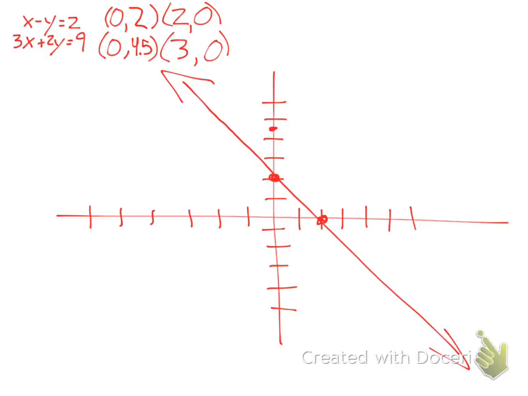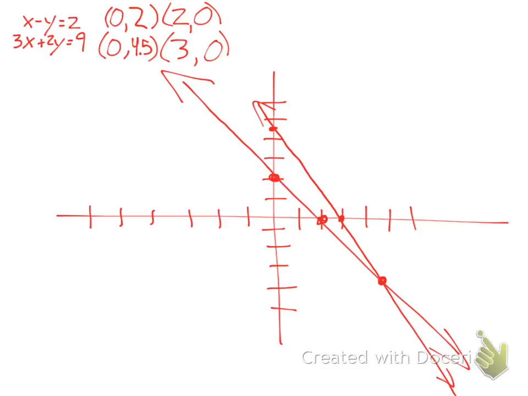And 3, 0, which is there. So now I have to draw my line here. And that's another thing, guys. You have to draw your graph big enough for you to actually see the point of intersection. And I think most of us would agree that the point of intersection is there. All you have to do now is name it.